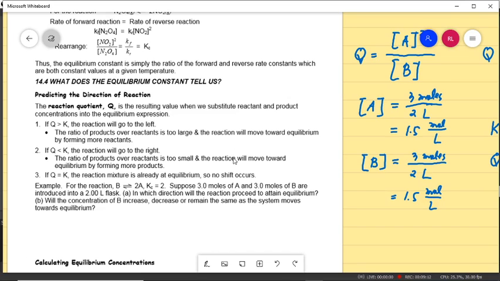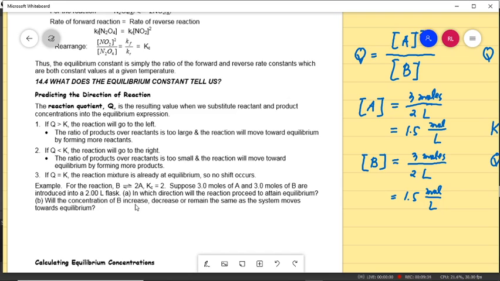So if that is the case, then what will happen to the concentration of B if forward reaction is favored? So the concentration of B will decrease as more B are consumed to form more A.